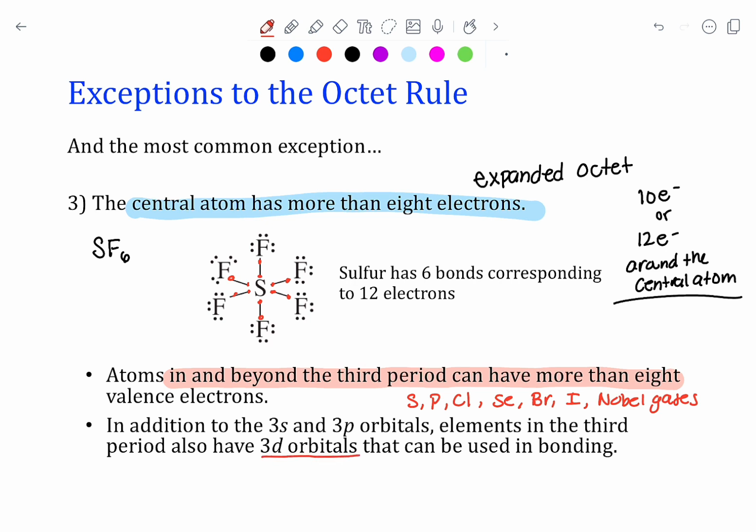So that's why these are able to occur. We know that there is no 2d orbital if we look at our orbital chart from back in chapter 4. We could check that, but there is no 2d orbital. It starts at 3d. So because these elements are in row 3 and down, they have 3d and 4d orbitals that they can accommodate the extra electrons in.